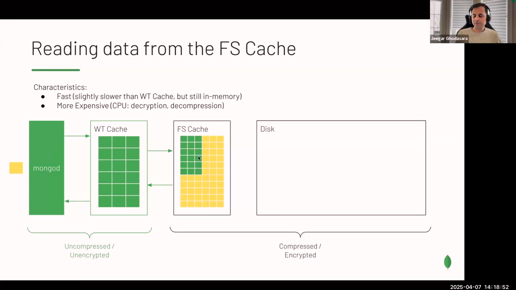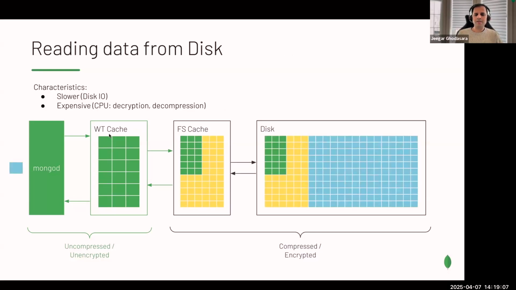This is still really, really fast. You're probably adding only 1 or 2 milliseconds at maximum to your query processing time. So this is still very fast, almost acting like a caching response time. The last one is if you don't have data in either one of them, then it will go to the disk, find the page, and return back to the application.